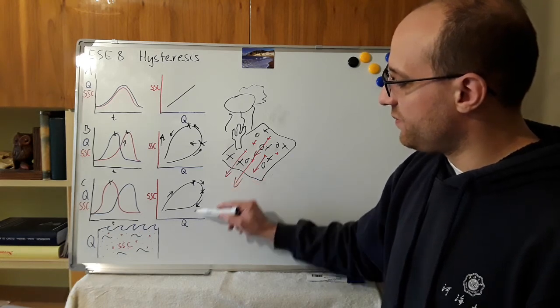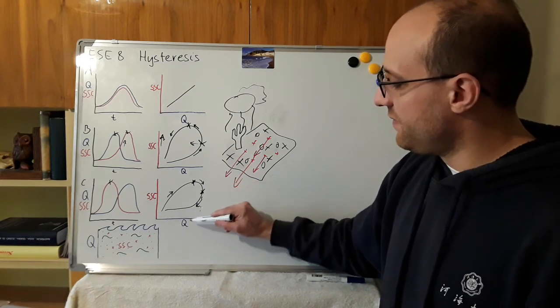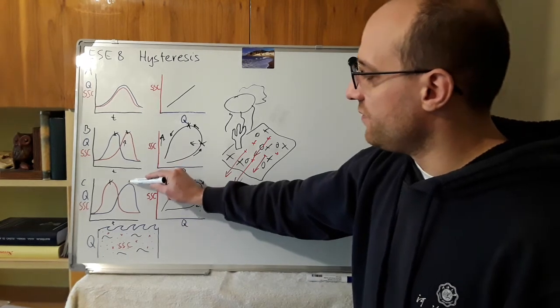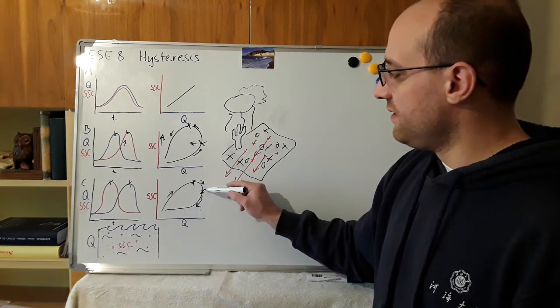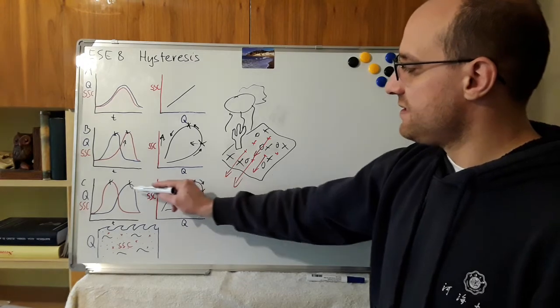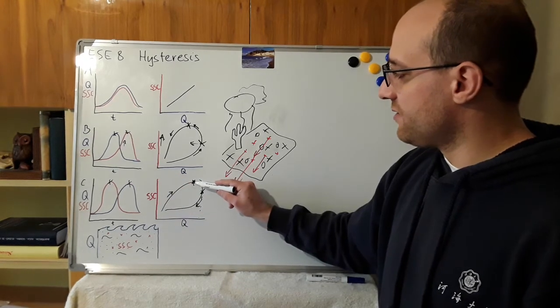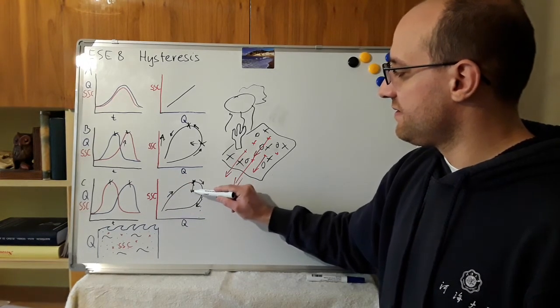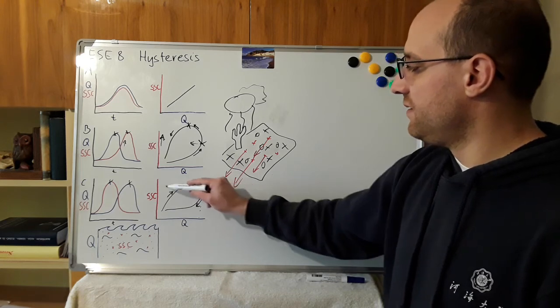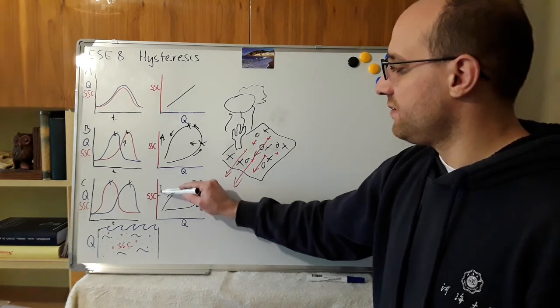So this point would be when we have the maximum of the discharge, and that would be over here. And then we can say that already sediment concentration has decreased to this value over here, which we can show over here on this axis.